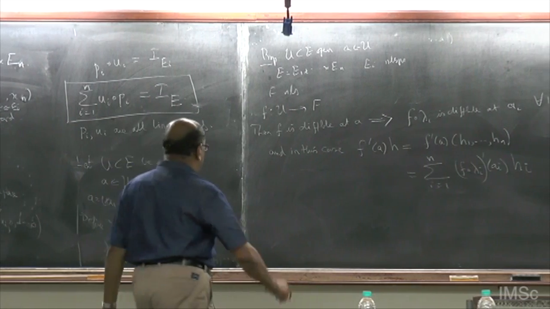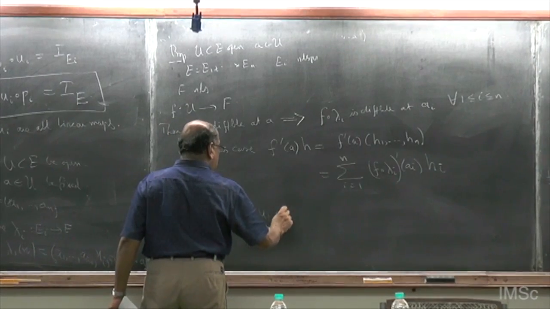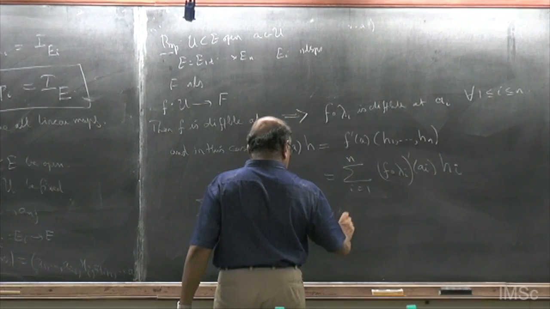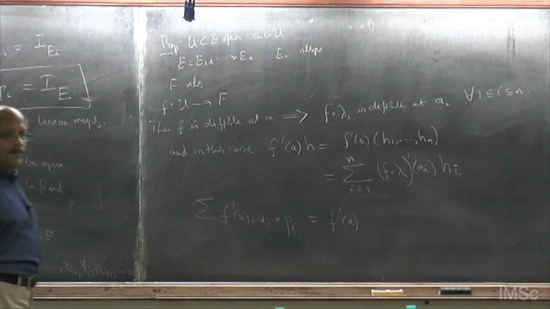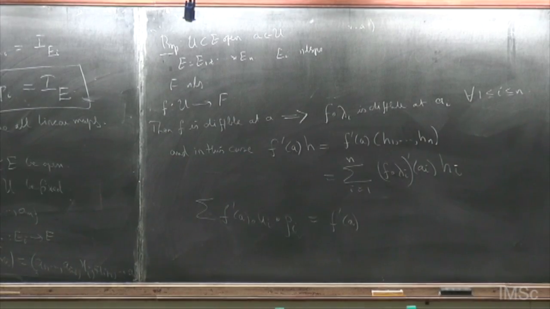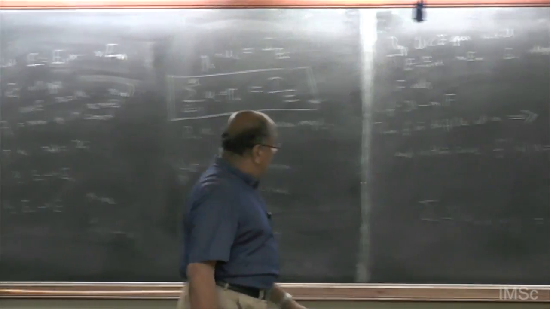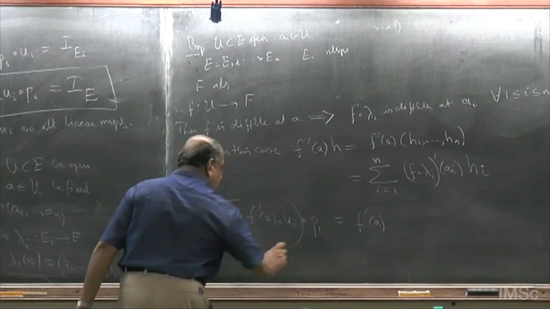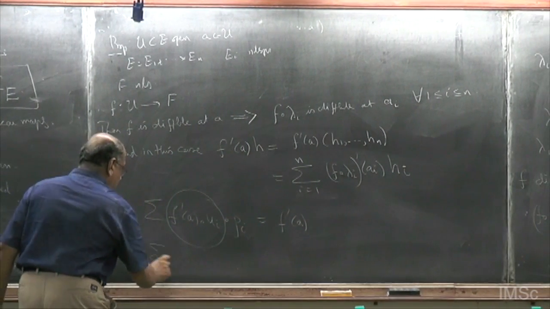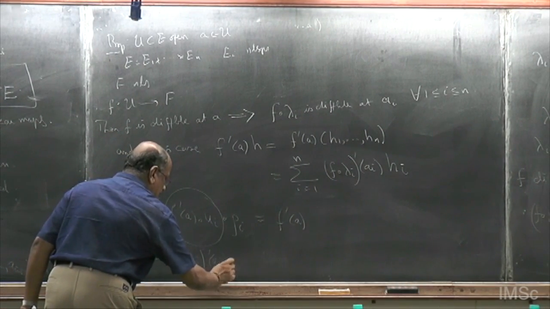So, you get sigma f dashed of a composed with ui composed with pi equals f dashed of a. And f dashed of a composed with ui is exactly (f composed with lambda I) dashed at ai.